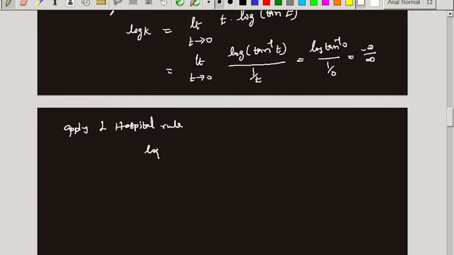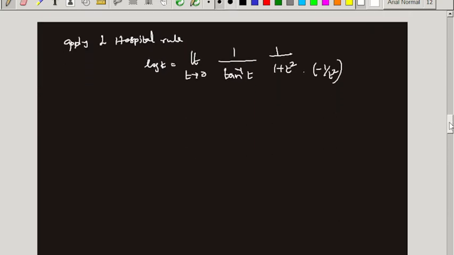So log k on the left hand side, limit t tends to 0. Here the differentiation of log is 1 dividing by tan inverse of t, the derivative of tan inverse of t is 1 dividing by 1 plus t square, and here 1 by t is in the denominator, so we get minus 1 by t square. So we do a small modification here.